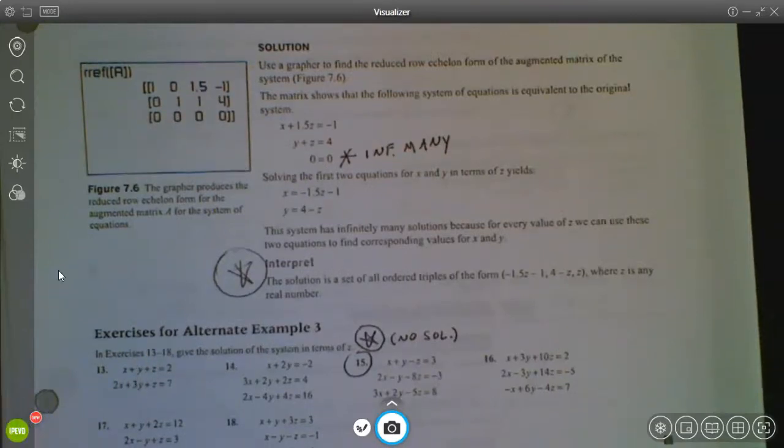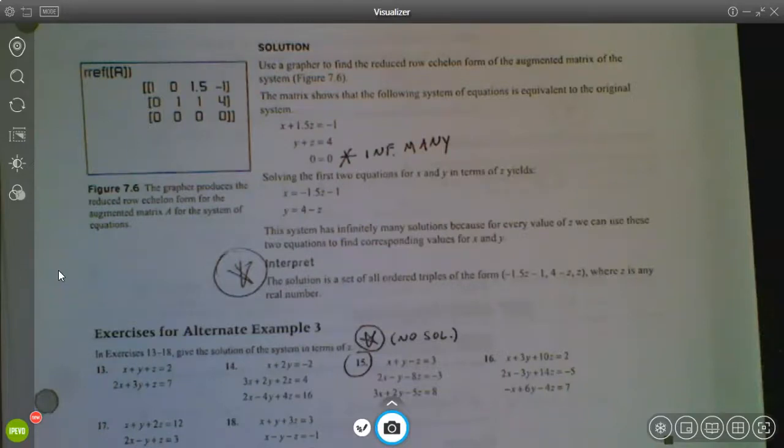There's a certain way they want you to write this answer. Instead of just saying infinitely many solutions like you would have done in the past, we're actually writing a solution set in terms of z. Instead of giving values like x is this, y is this number, and z is this number, obviously we can't do that for a case like this, but we can still give some type of answer relevant to the numbers that we're showing.